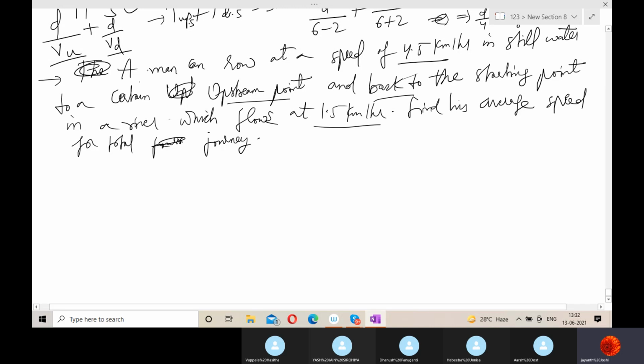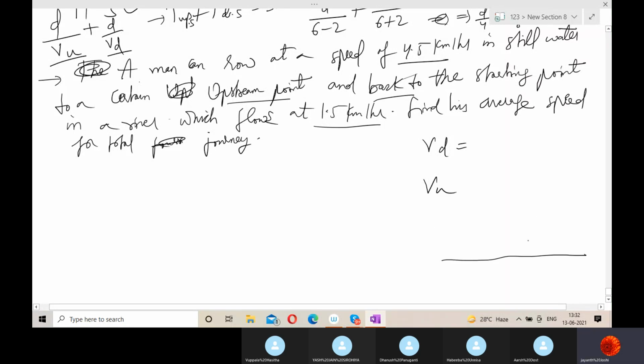They gave you the speed upstream, correct or wrong? We need to find out the speed upstream and speed downstream, so VU and VD.